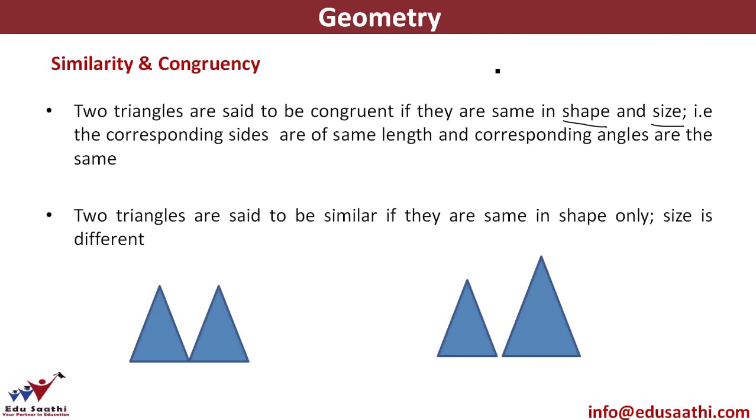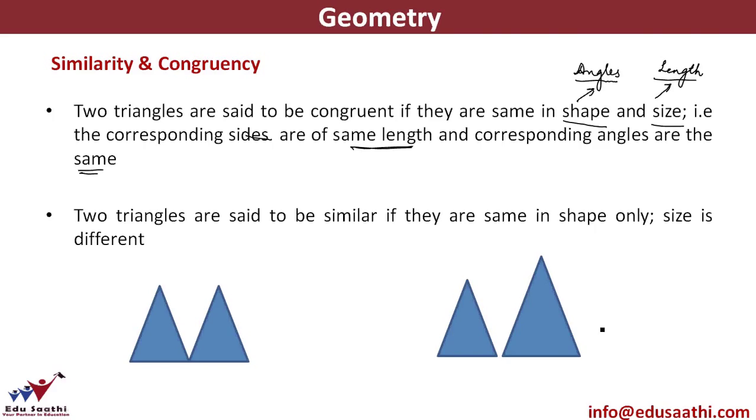Shape of any triangle is determined by the angles. So if the angles are same, the shape would be same, and size is determined by the length of the sides. So what is it saying? Corresponding sides are of same length and angles are also same. So both the things have to be satisfied.